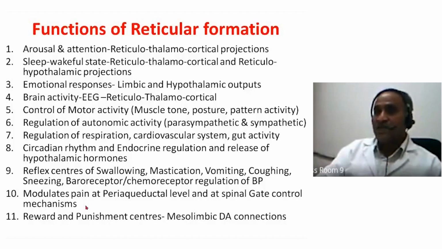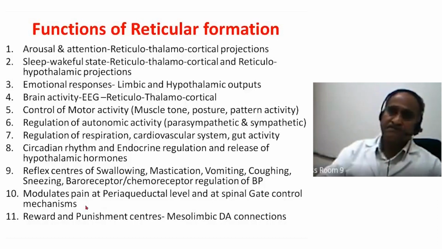The second, it will inhibit the spinal gate control mechanism by descending tracts, especially the bulbospinal tracts originating from the raphe nucleus, or even to an extent from the cholinergic locus coeruleus outputs to the spinal cord.